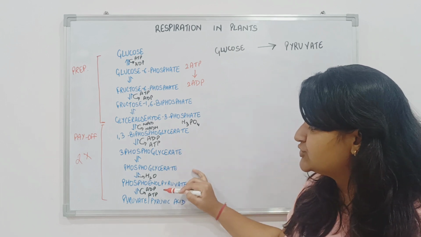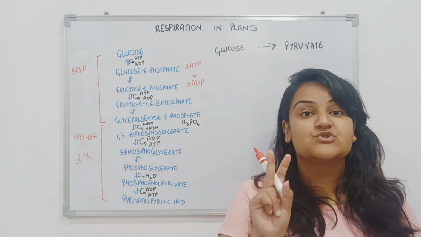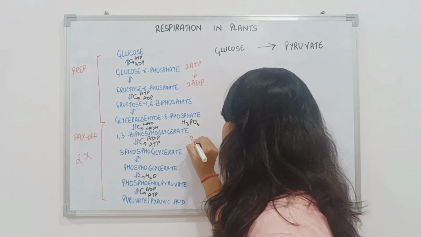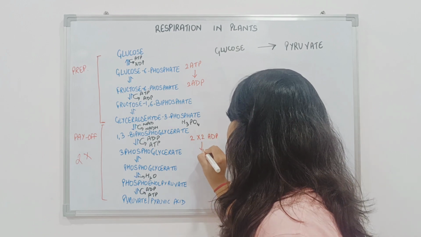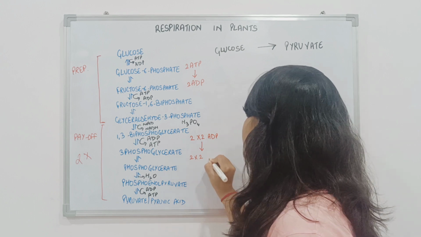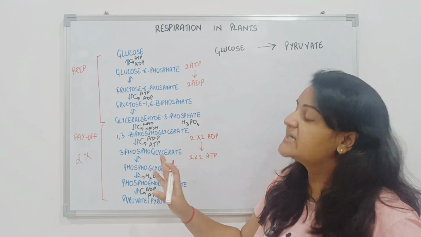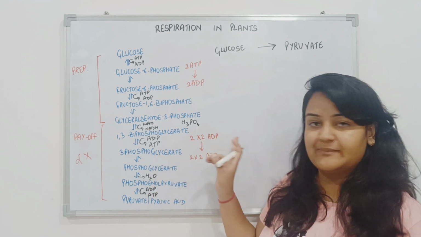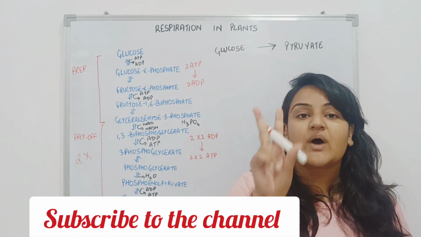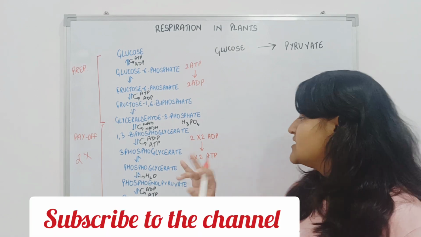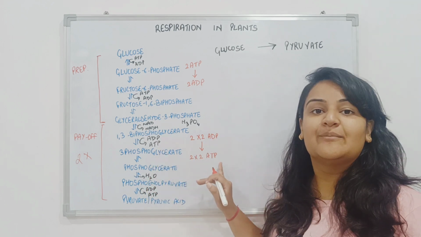So 2 ADP goes to 2 ATP, but here everything is twice. So this is 2 into 2 ADP goes to 2 into 2 ATP. You get my point? Understand this clearly? 1 and 2 ADP, but whatever is happening in the payoff phase, it is twice. Everything is twice. So 2 into 2 ADP is forming 2 into 2 ATP.